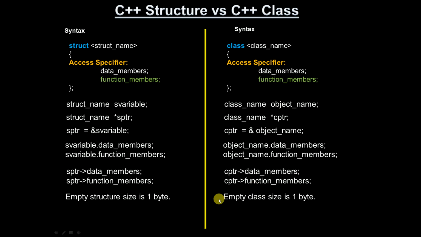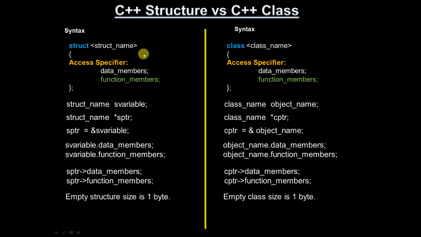Whatever things are possible with C++ structure, the same will be applicable for C++ class. Whatever you can do with the C++ class, you can do with the C++ structure also. Here also static and constant members are allowed. For structures also inheritance is allowed, and for class also inheritance is allowed. Both are the same. The only difference is the struct keyword here and the class keyword here.